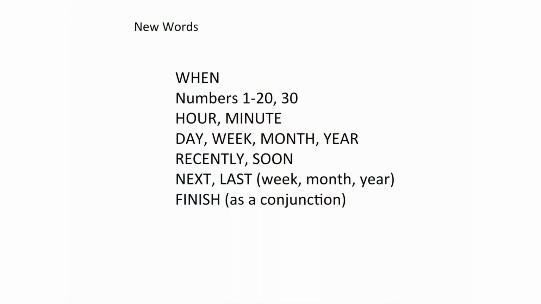When it's the hour. 1 o'clock, 2 o'clock. I'll see you at 2:30. I'm going to a meeting in half an hour. That meeting's going to be soon, in 15 minutes. The meeting's at 5. Understand? Is it clear? All right.